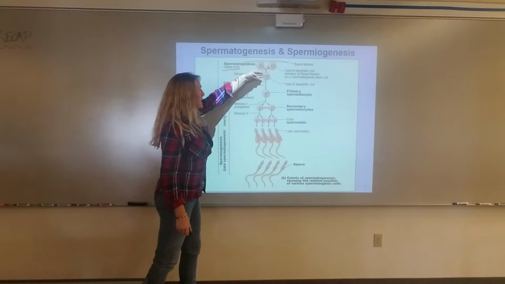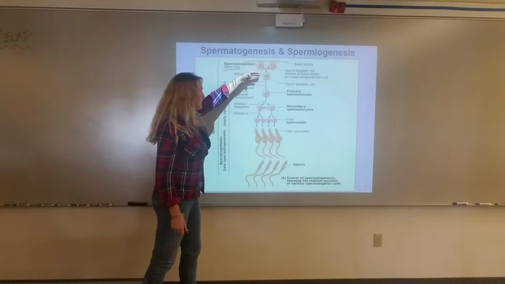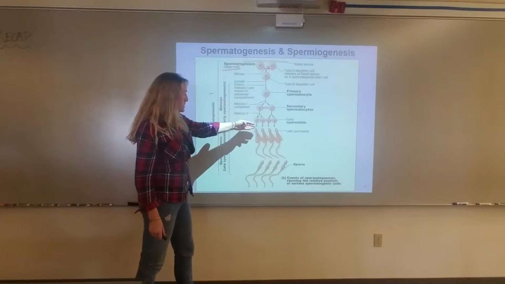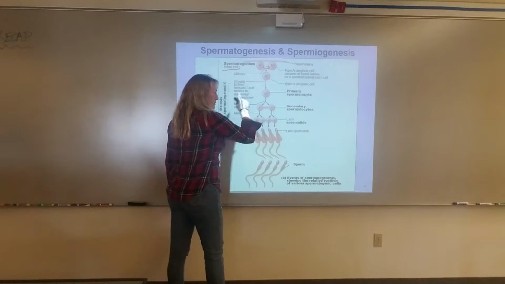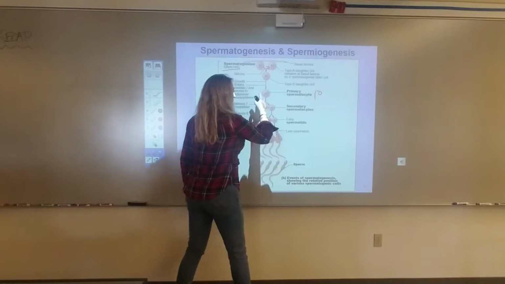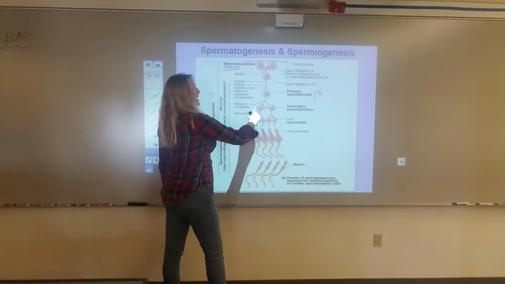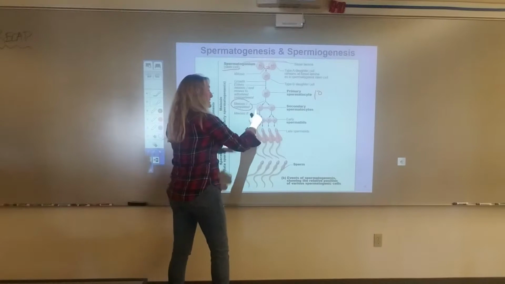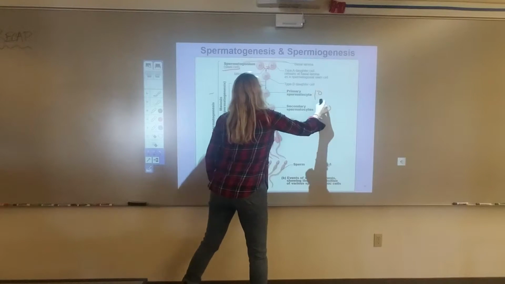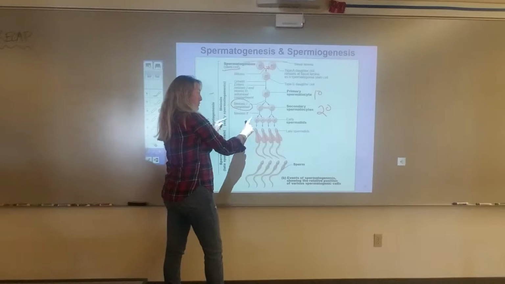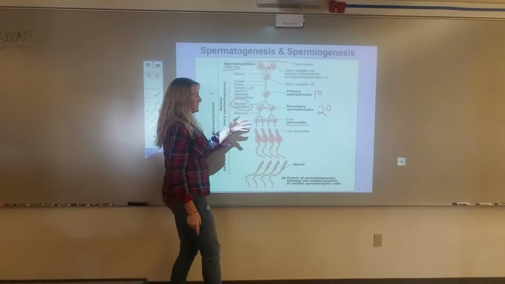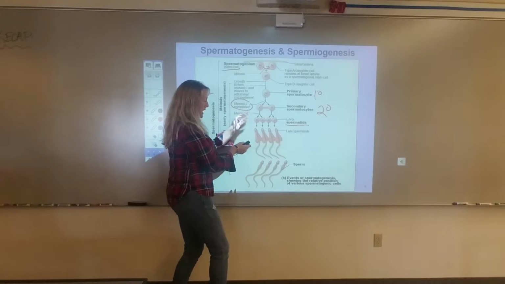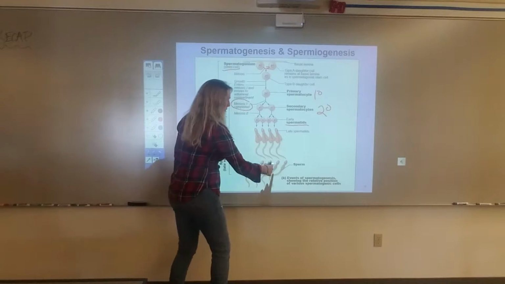One generates a type B daughter cell, and the type B daughter cell will give rise to the process of meiosis, where it's a primary spermatocyte which divides through meiosis 1, and then it's a secondary spermatocyte which divides through meiosis 2. Now we have early spermatids, and they're getting smaller in cell size, starting to elongate and grow a tail.